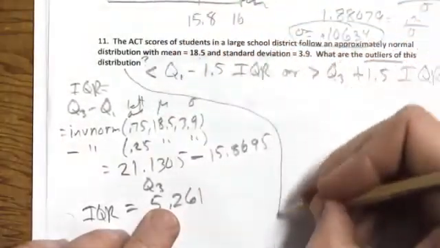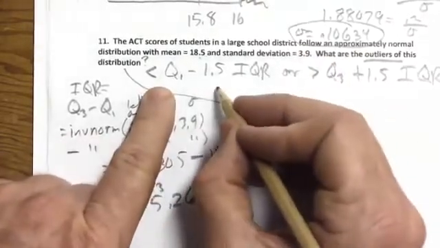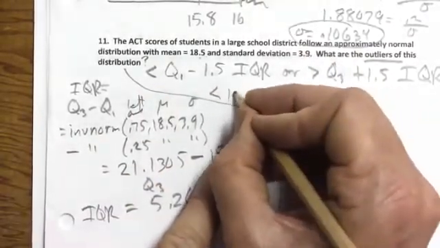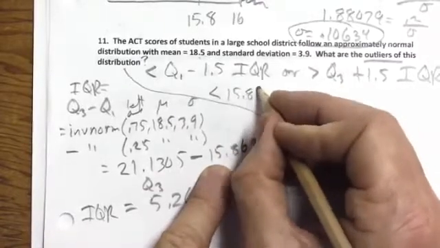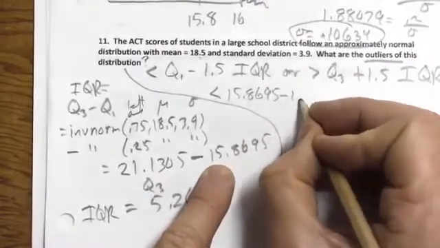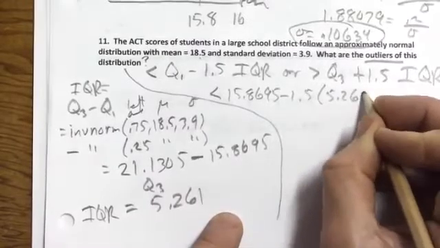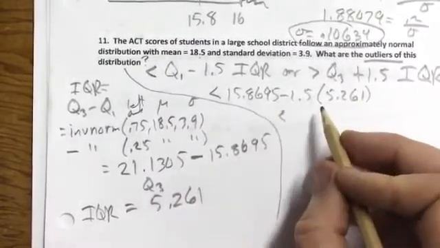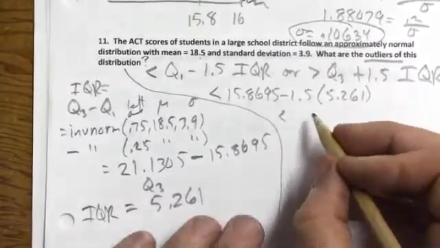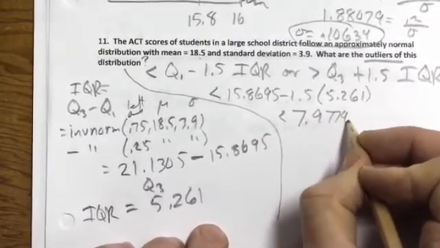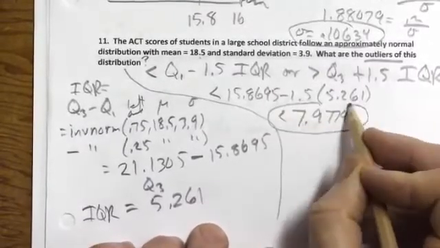For my lower bound, it would be anything less than our Q1, which would be 15.8695 minus 1.5 times 5.261. When you do that operation, that ends up being less than 7.97796. So anything less than that is an outlier.